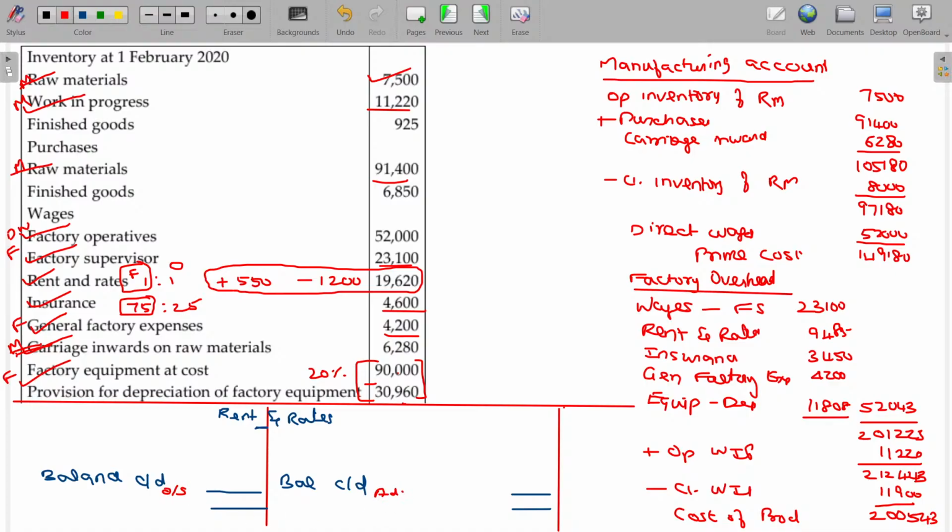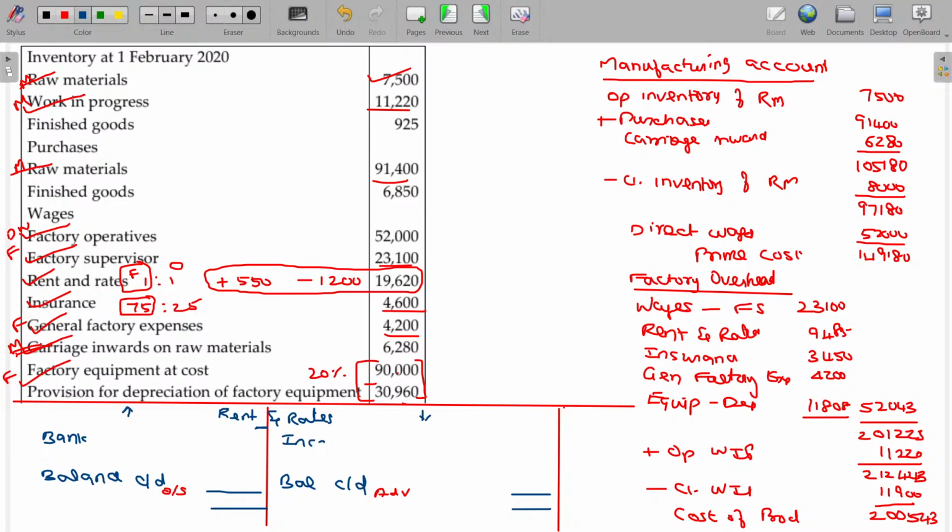If you pay in advance, then it's an asset. Whenever a payment is made or the amount increases, that will be posted on the debit side. If you are making the payment, the amount payable for rent and rates, the overall value of the rent and rates expense is increasing. Bank. When is it going to be reducing? On transferring this to the income statement.